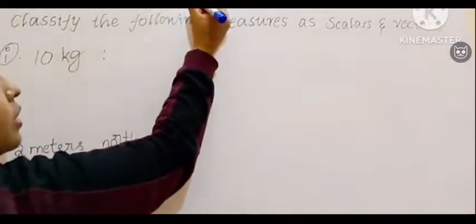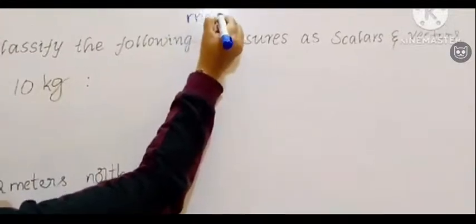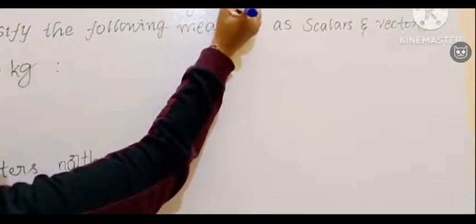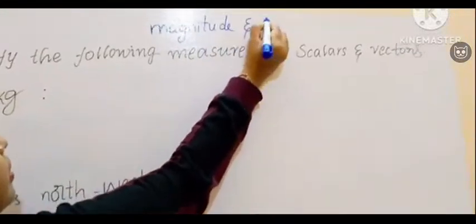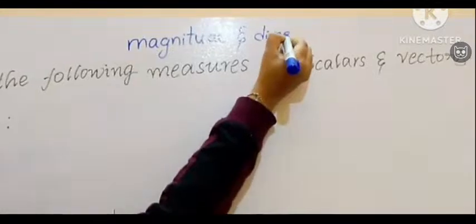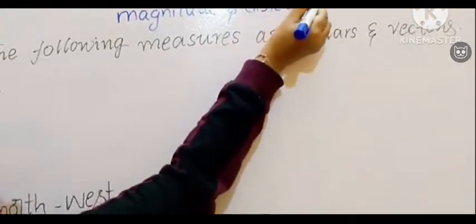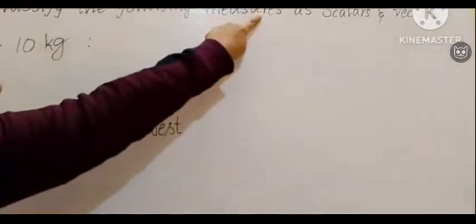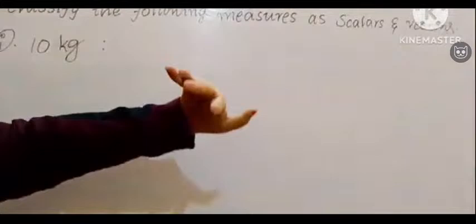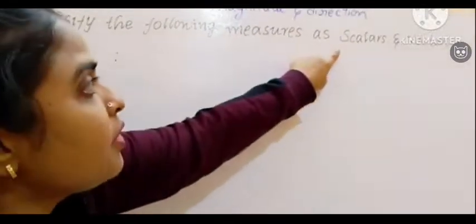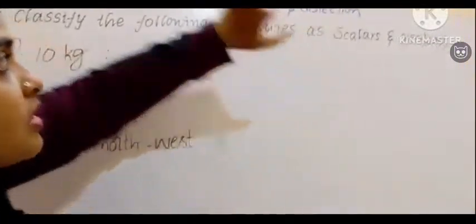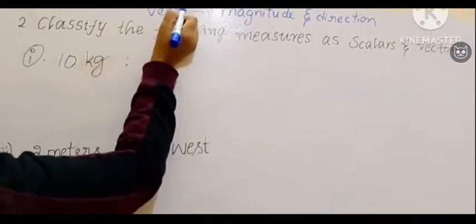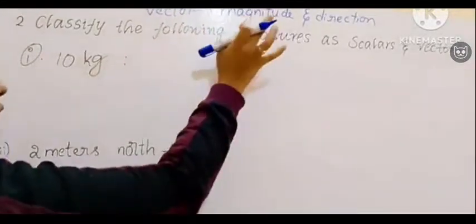It has both magnitude and direction. A physical quantity, when it has both magnitude and direction, is called a vector. Otherwise, when it has only magnitude, it is called a scalar. Scalar means it has only magnitude.